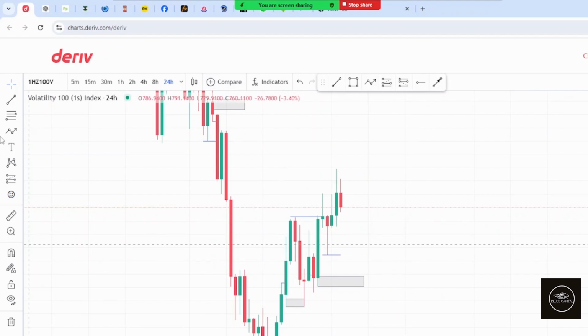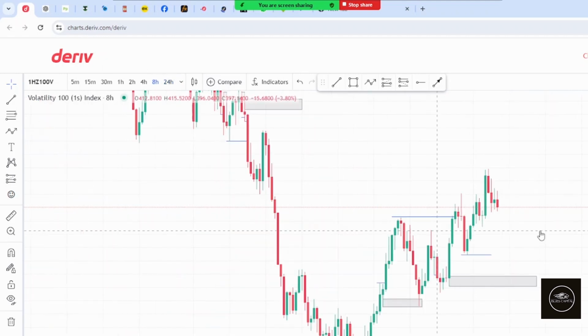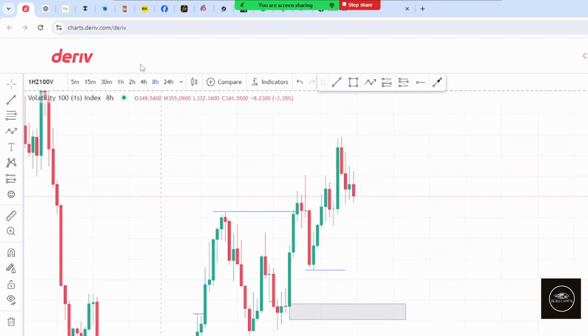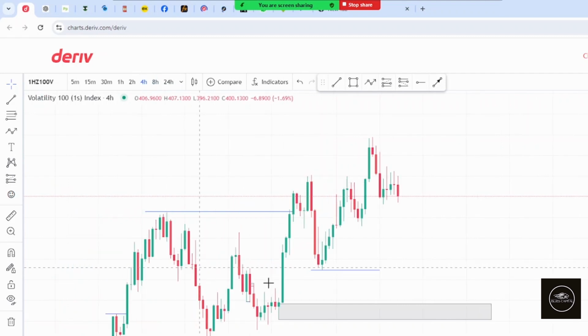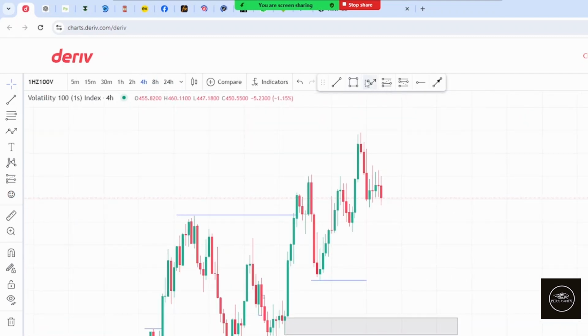This is an external structure. But moving down to lower time frame, there are some zones I'm expecting market to buy from. This is the 4 hours time frame. So I'm expecting market to trace something like this, to trace from this place until the zone before continuation.